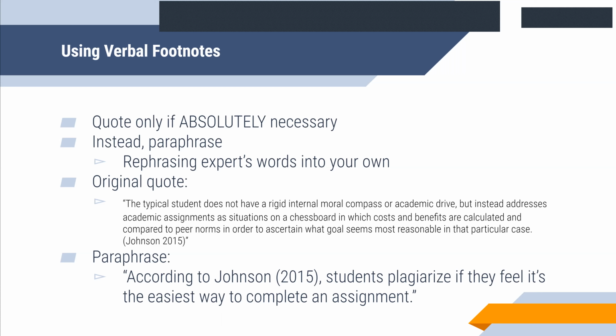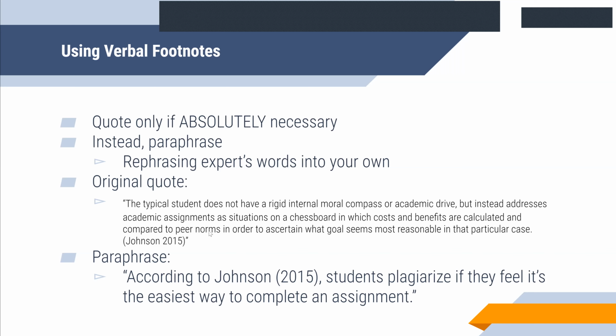So what I can do is take that paragraph, understand what the most important element is, what it really says, and then rephrase it in my own words, as if I were explaining it to the audience. Instead of saying it word for word, I can just say, according to Johnson, students plagiarize if they feel it's the easiest way to complete an assignment.